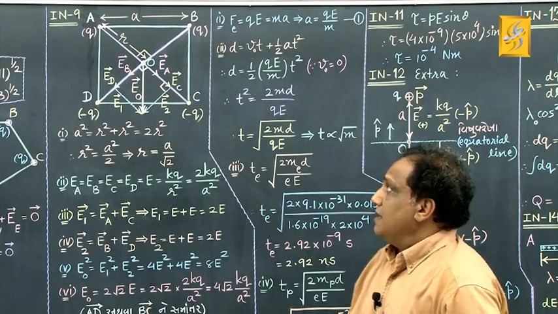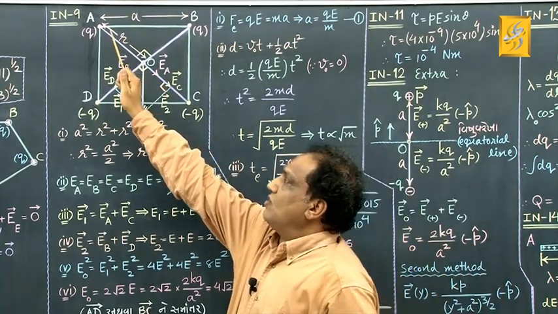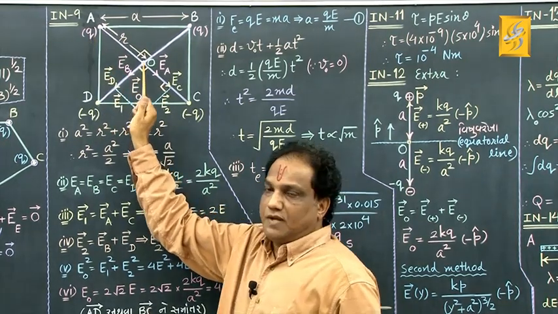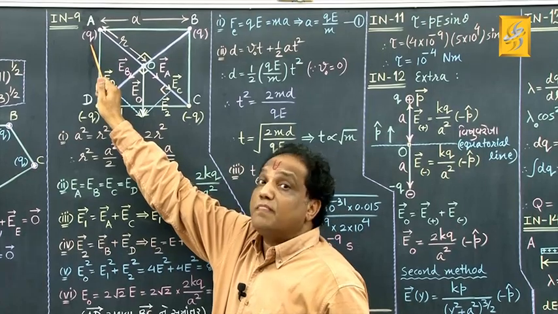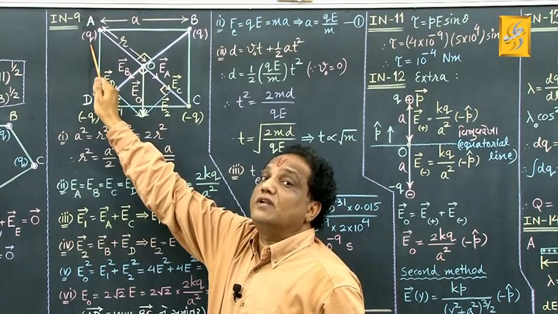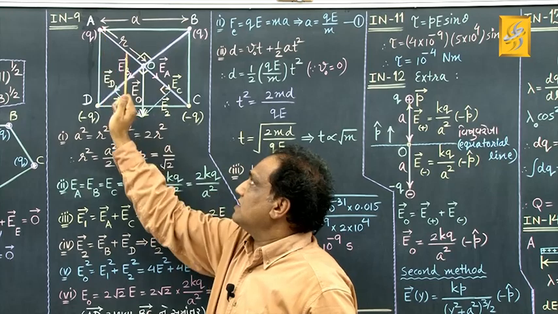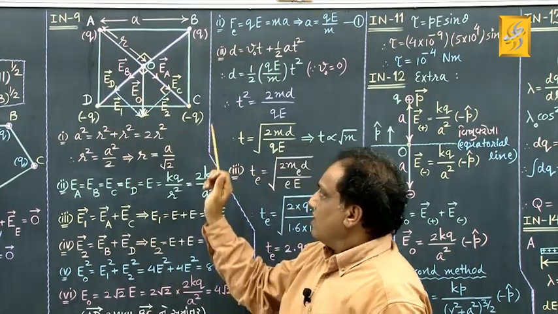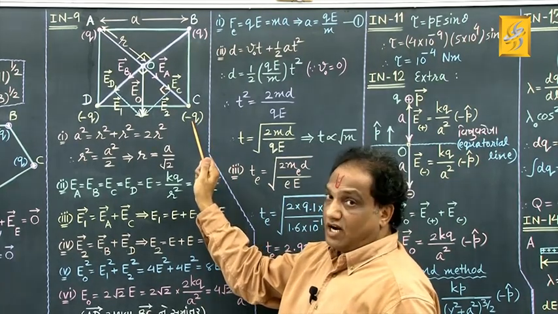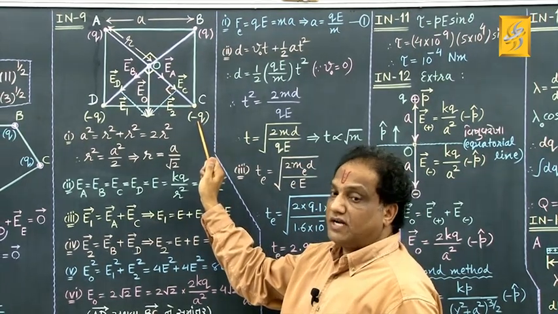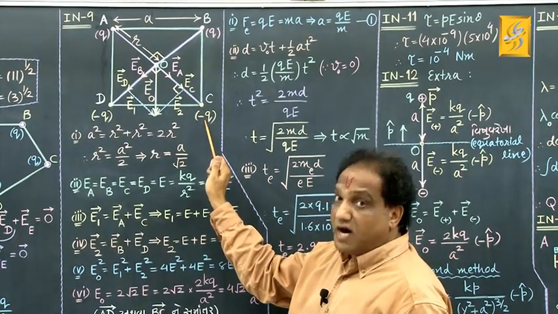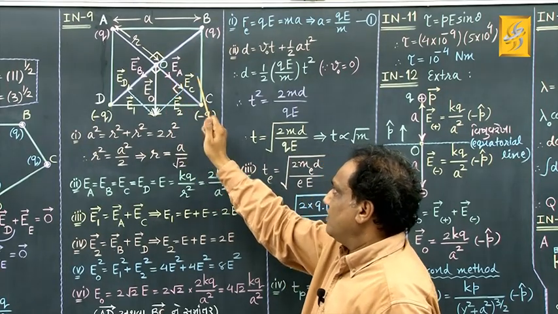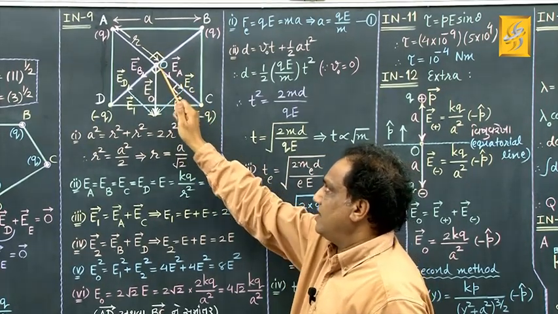Now, find out the direction of the electric field produced by this point charge at this very point. Because it is a positive charge, the direction of the electric field is away from it, like this. That is vector EA. And what about the direction of the electric field produced by this negative point charge? For a negative charge, the electric field is always pointing towards it, so towards this negative charge, like this. So vector EC is in the same direction.